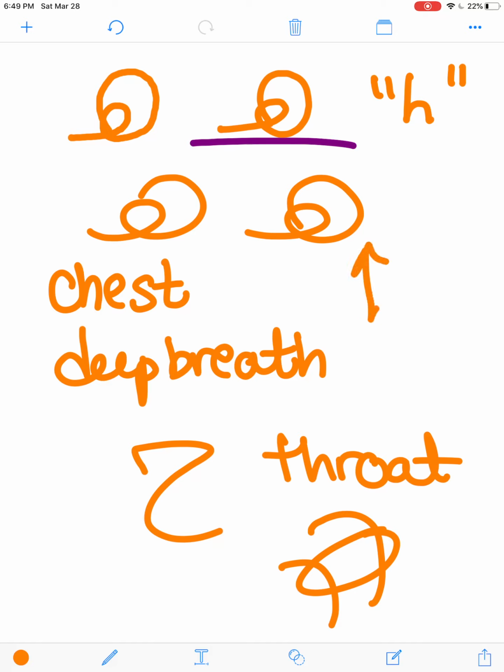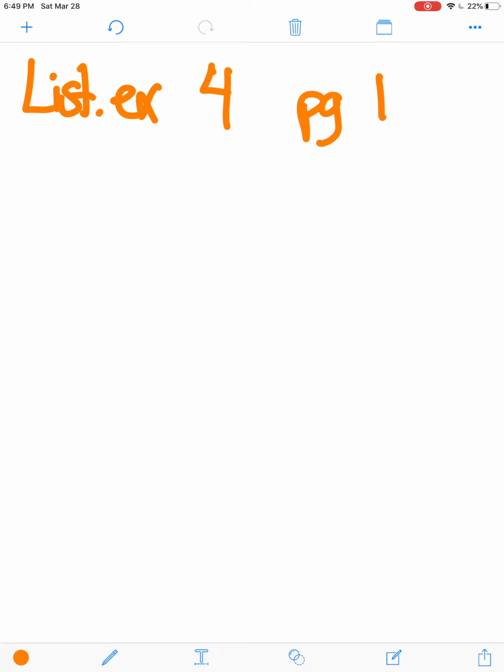If you want to call it the rose ha, because it kind of looks like a rose, you could do that. So let's do a little bit of comparison. One of the practices that you can do is online on Smart Sparrow. You can look at listening exercise 4, on page 178.